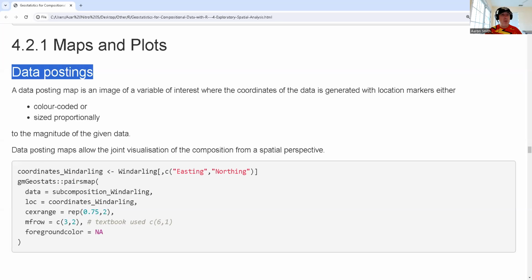Data posting maps allow the joint visualization of the composition from a spatial perspective. So I can see my variable of interest from a spatial point of view very, very easily. This is absolutely the most fundamental spatial statistics map you could possibly have. There are also choropleth maps, where we color regions such as counties, states, countries by a variable.